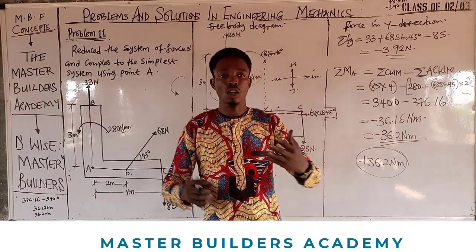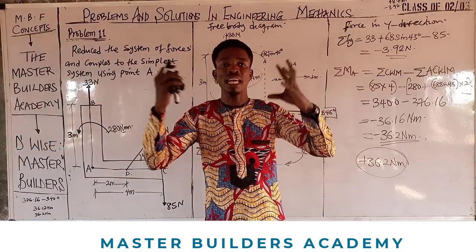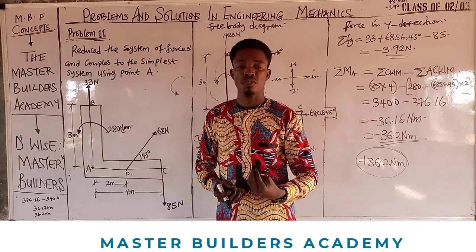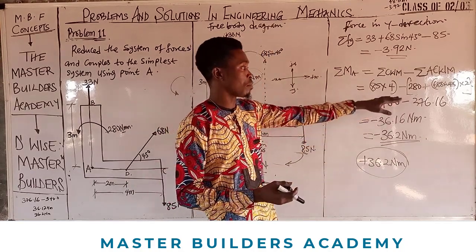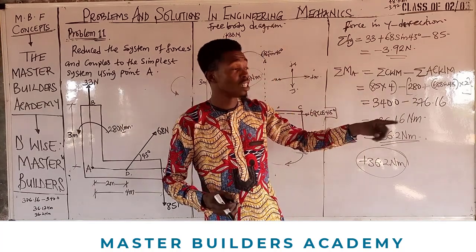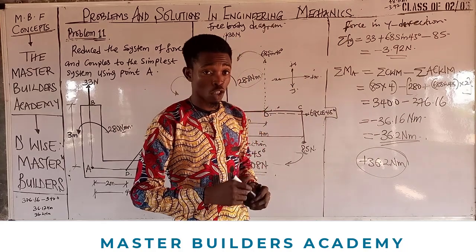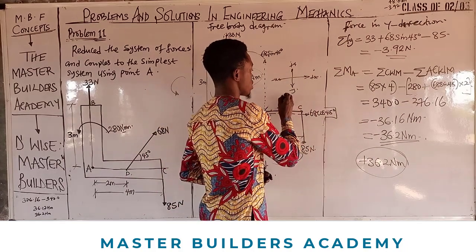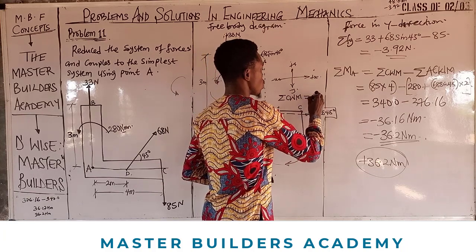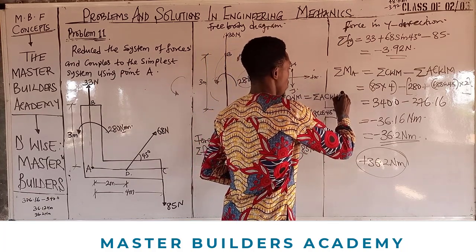Either you obtain a clockwise moment or you obtain anti-clockwise moment, depending on how you take your assumptions. So from our assumption, we say we are removing anti-clockwise from clockwise. Then another person can assume that he or she is removing clockwise from anti-clockwise. Why is this condition so necessary? Remember that sum of clockwise moment is equal to sum of anti-clockwise moment.